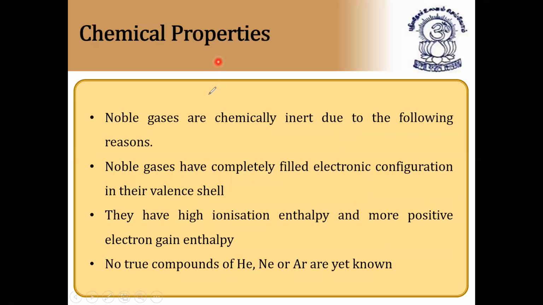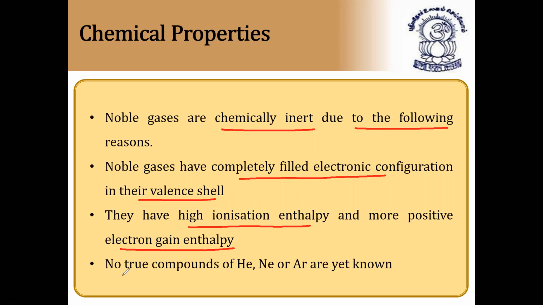Next, coming to chemical properties, noble gases are chemically inert because they do not form any compounds, due to the following reasons. They have completely filled electronic configuration in their valence shell, that is 2 and 8 electrons. They have high ionization enthalpy and more positive electron gain enthalpy. So no true compounds of helium, neon, or argon are yet known.